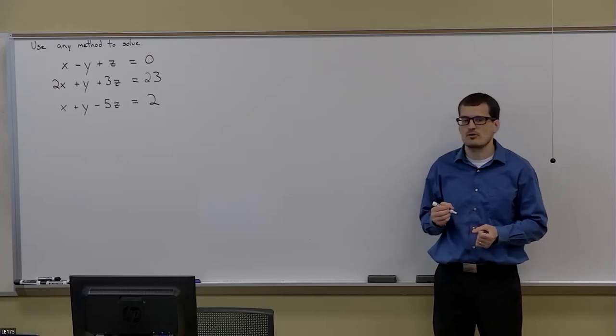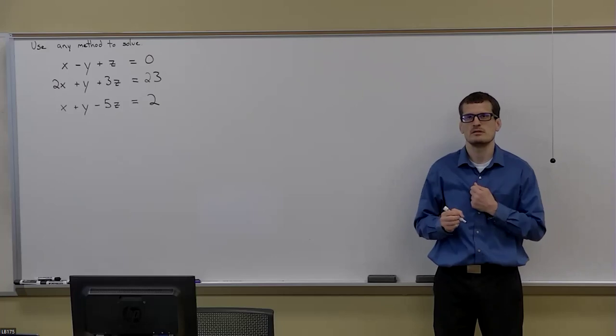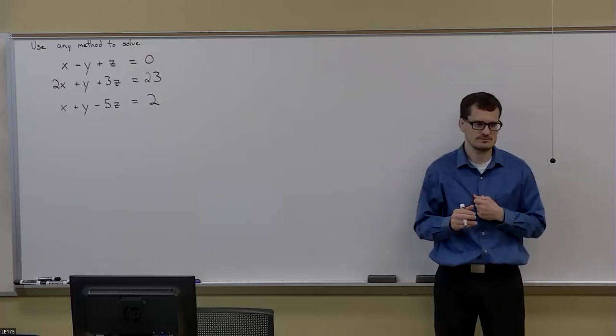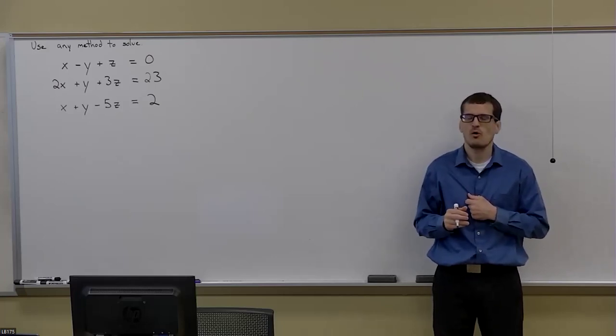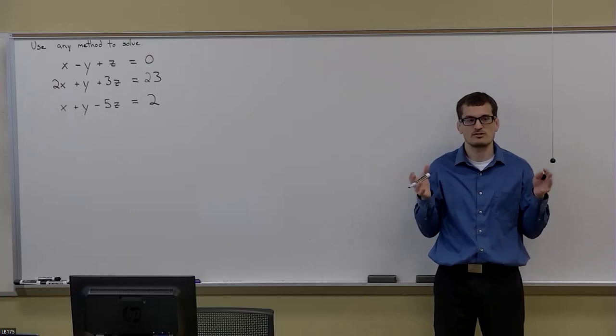Now, if we are going to do this problem, what we want to do is go from 3 equations, 3 variables, down to 2 equations, 2 variables. That's the goal.